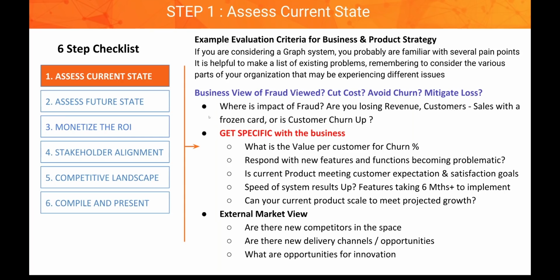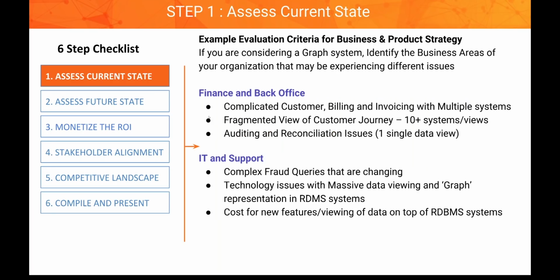Some of these may be anecdotes, but you ultimately want to get to hard cases of what those look like. And these now cross several different business categories. You heard me talk about what's typically called the front office or sales. There may be a finance or back office. Whether the fraud is coming from multiple systems, in many cases we've seen analysts having to pull records from 5 or 10 different systems, and it's a nightmare.